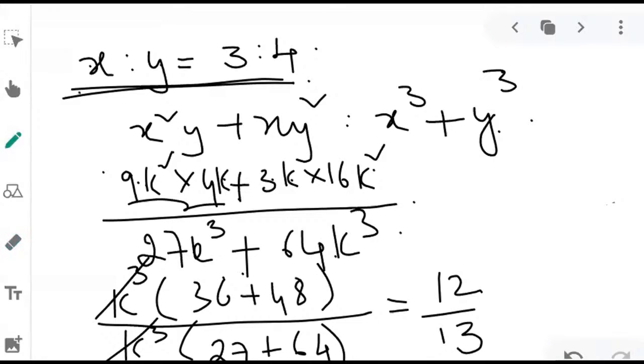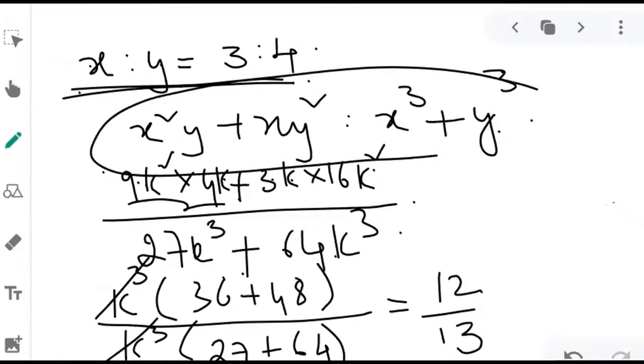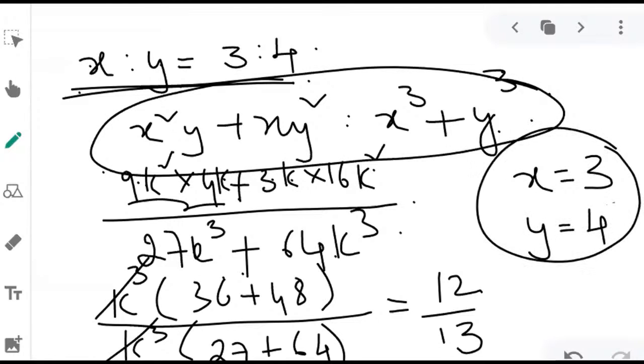Whenever they give x is to y is equal to 3 is to 4 and they ask for another ratio, always assume x is equal to 3 and y is equal to 4, because anyway the additional factor will be divided. So unnecessarily don't accommodate this. Take x is equal to 3, y is equal to 4 and solve the problem. Is it all right? Does it make sense? Yes, ma'am.